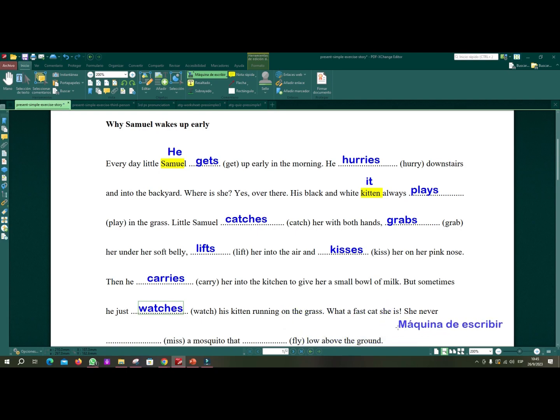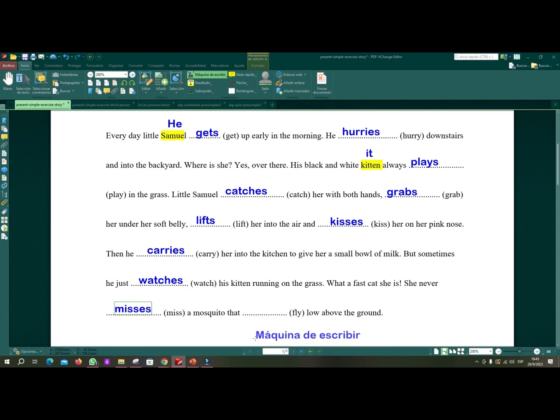What a fast cat she is. She never miss. Acá tenemos un verbo que termina en doble S, Carolina. ¿Qué le vamos a agregar? Yes? S. Only the S? No. ES, remember? So, misses.